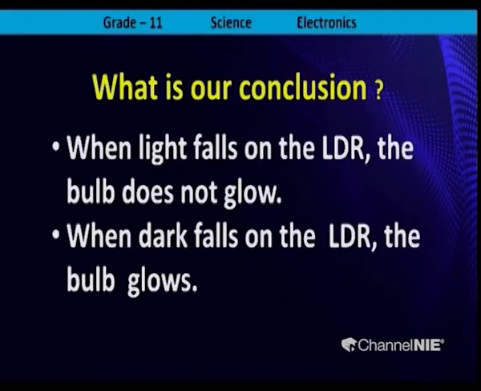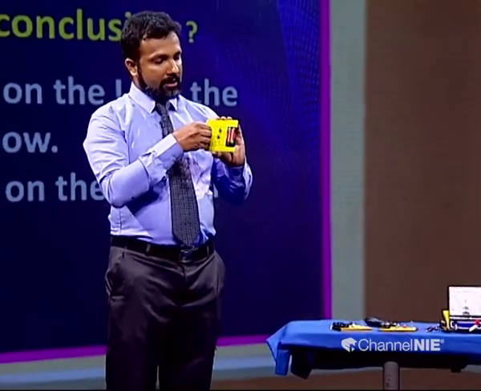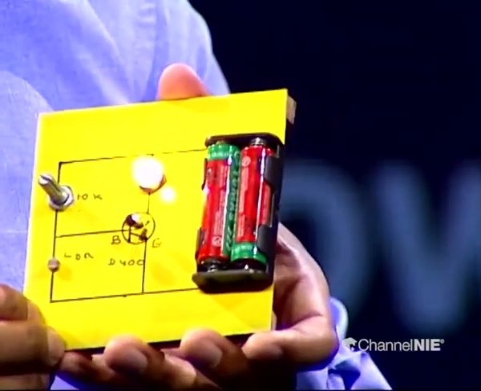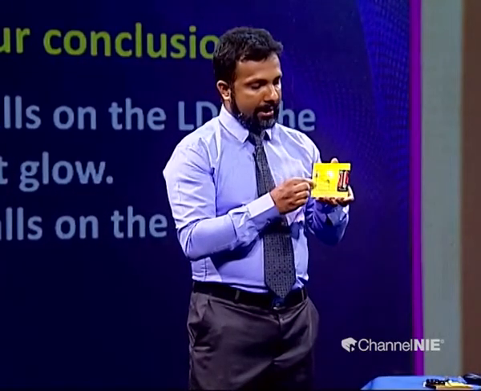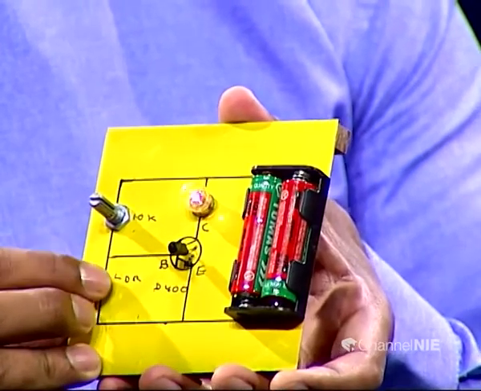Before moving to the conclusion, let's do the activity. Right. Now you can see, at first I am going to minimize the resistance, turning extremely left. No resistance. When increasing the resistance gradually, what happens? Current does not pass through the LDR, it passes through the transistor, and the bulb glows.